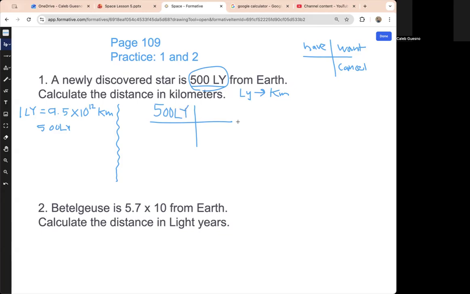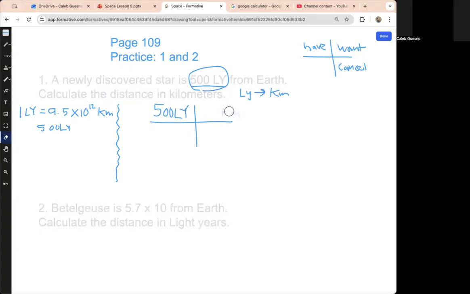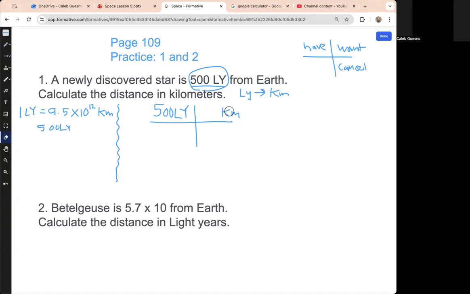Okay, now we're going to put down what we want. We want the units of kilometers. That's what we want. So I'm going to move it over because I'm going to need more space than that. Kilometers.